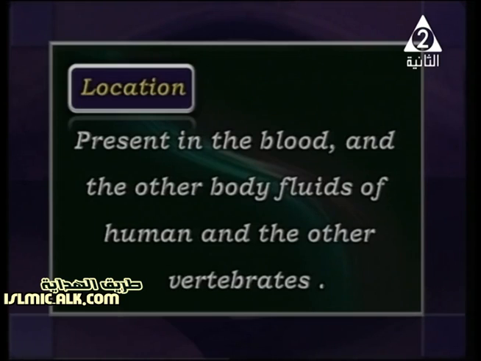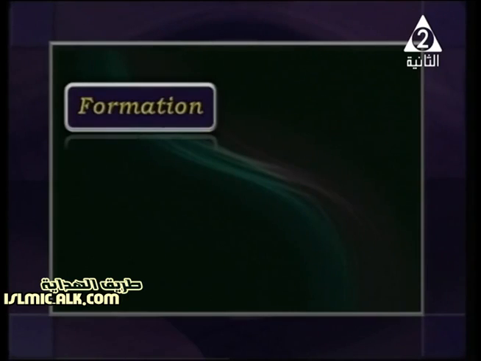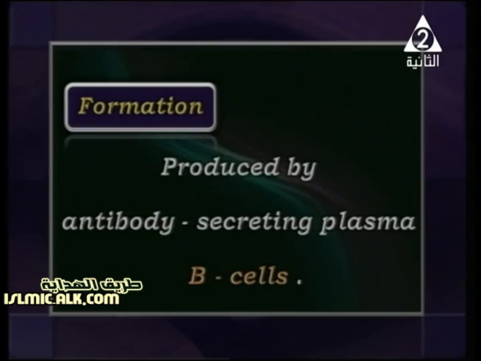So they aren't found only inside our body, but also in most of the higher vertebrates. What about the formation? Where inside your body are they formed? They are produced by antibody-secreting plasma B cells.